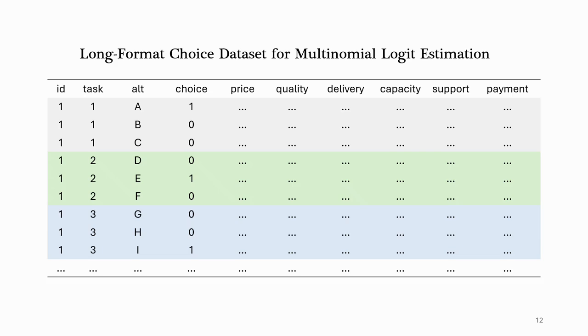The coefficient is the significance of that attribute, for example how important price is for the participants. It will calculate this for all the data collected, not only one. There is a huge optimization technique for estimation, and I plan to do the next video on the estimation technique, especially for multinomial logit.